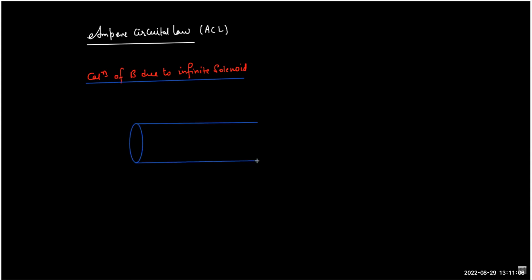Infinite means the length is much bigger than the cross section. So we can say the axis of the solenoid and the entire volume of the solenoid are close to each other. In a way, there is a volume around the axis, right?